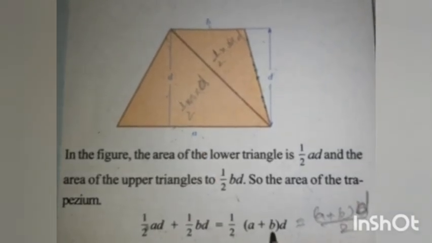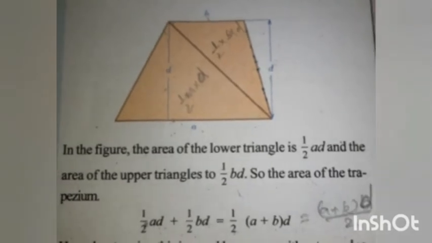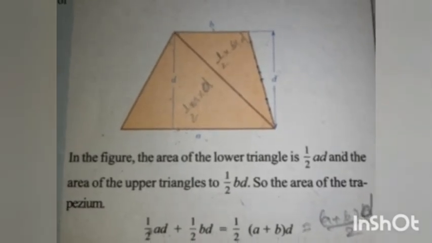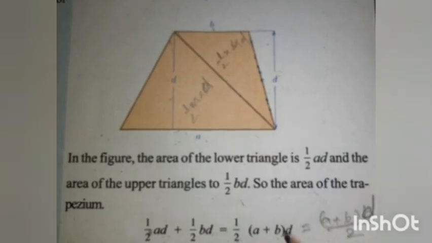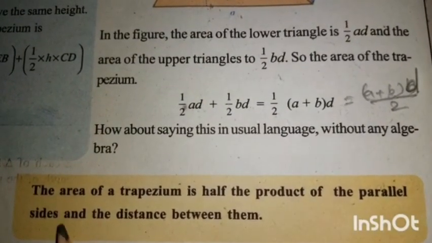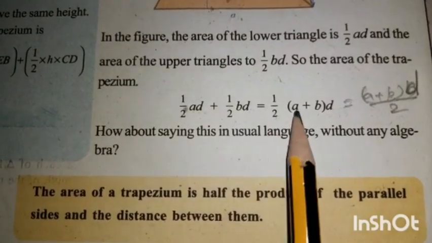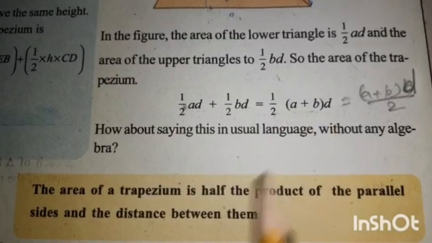Half into A plus B into D. Previous one we directly found half into A plus B into H. Here A and B should be added, and D. So the area of a trapezium is half the product of the sum of the parallel sides and the distance between them.